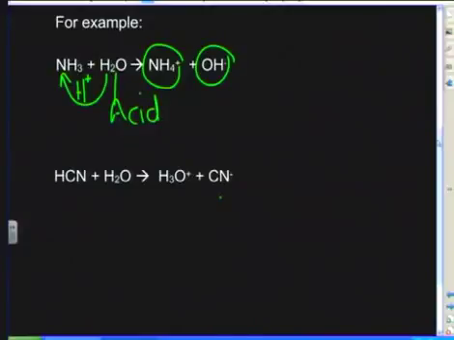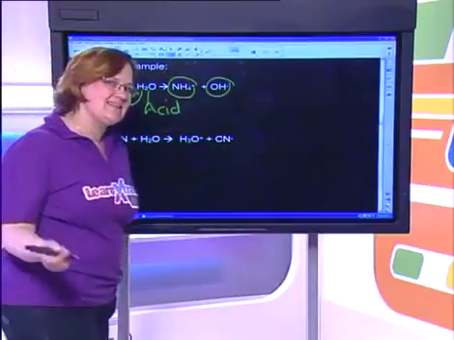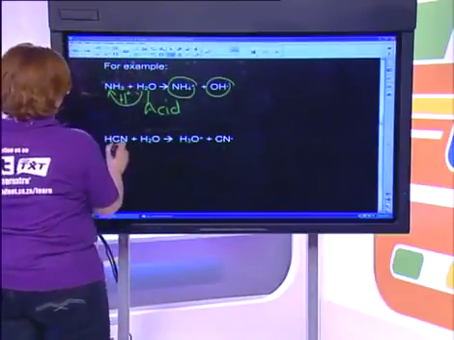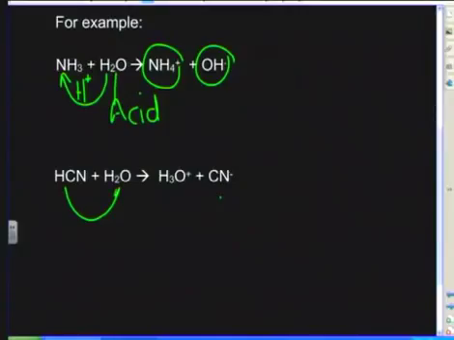However, we take the same water and react it with hydrogen cyanide, an unusual acid, but it's still an acid. What happens here is the water goes, come hydrogen, I want you. So now the hydrogen cyanide, because it is an acid and can only act as an acid, should I make that so that you can actually read the H+? I think that's a great idea.